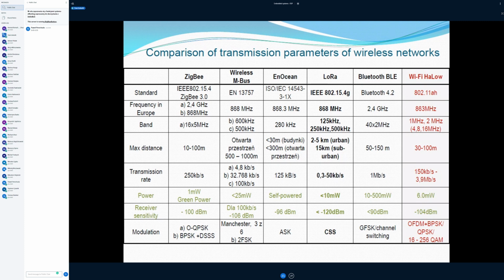And DSSS means direct sequence spread spectrum. Wireless M-Bus, you have the Manchester code in the baseband that I mentioned, and 2FSK. It means that there are 2 carriers in frequency shift keying. EnOcean is amplitude shift keying. LoRa is chirp spread spectrum.